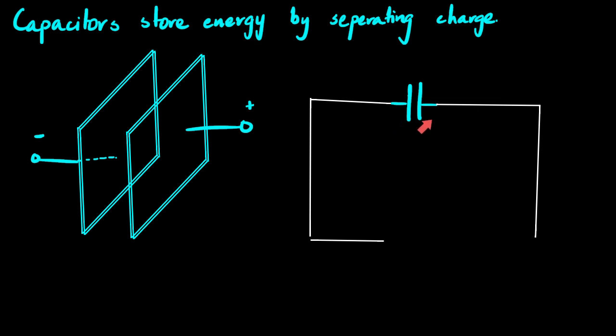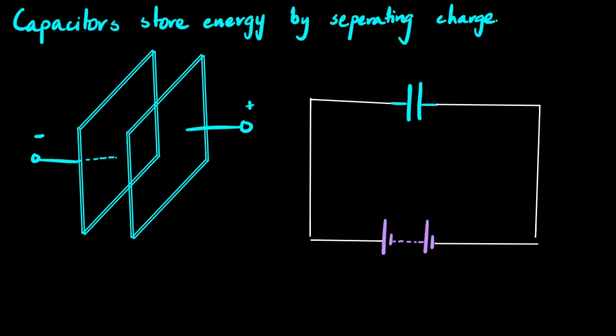This is the capacitor. Again, it looks very similar to the circuit symbol for a battery itself, and this is, for example, that battery, right? Now we know how we talk about the terminals of a battery.